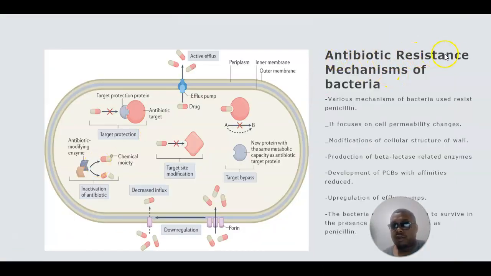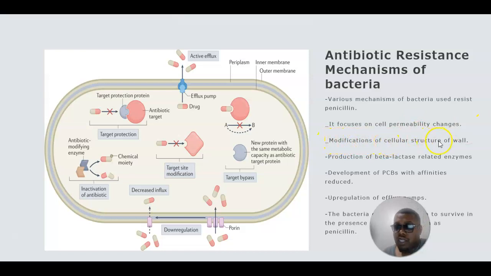So the antibiotic resistance mechanism of bacteria, like I said before, there are various mechanisms that bacteria use to resist penicillin. It focuses on cell permeability changes. For example, the more an individual takes the antibiotic, the more the cell is going to get used to it, because once your body consumes something, it gets used to it. That's what your body naturally does.